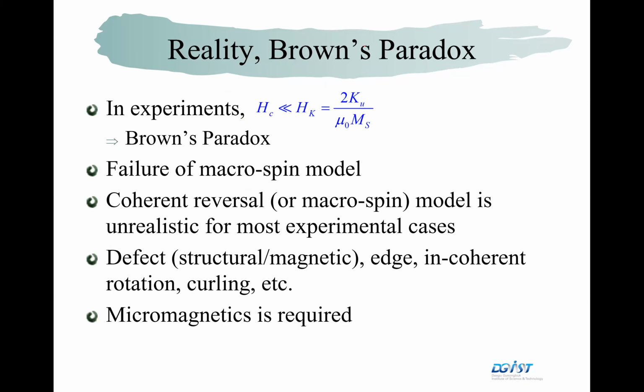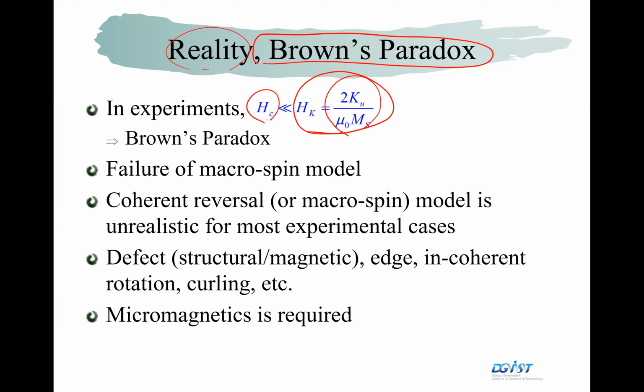Okay? And in reality, there is a very famous paradox called Brown's paradox. According to this Stoner-Wohlfarth model, the switching field must be the same as the anisotropy field, this value. But in reality, the experimentally measured coercivity is much smaller than this anisotropy field.